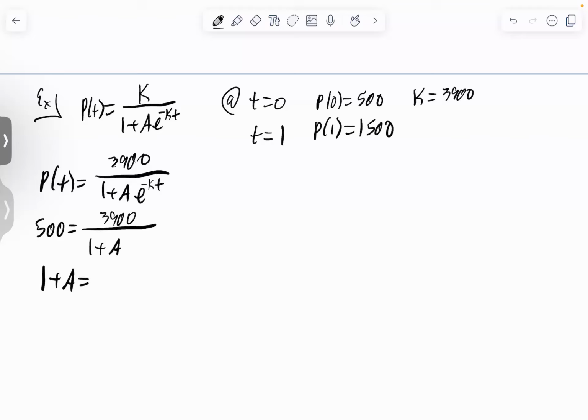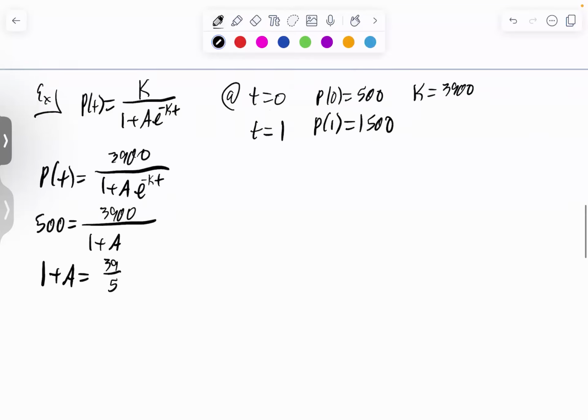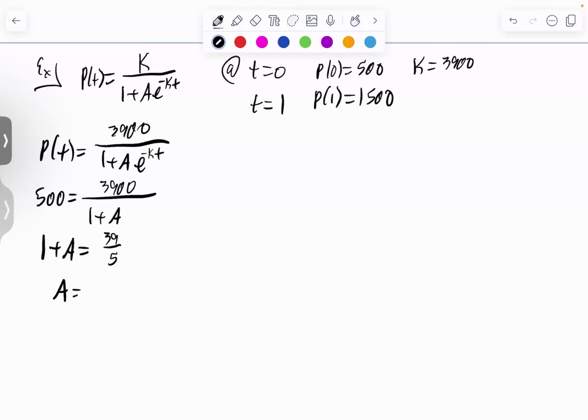And I'm going to cross multiply and divide. I'm going to get 39 over 5. And I'm going to subtract 1. It's going to be 34 over 5. So we have our initial function.